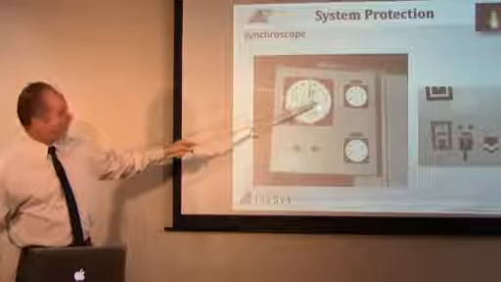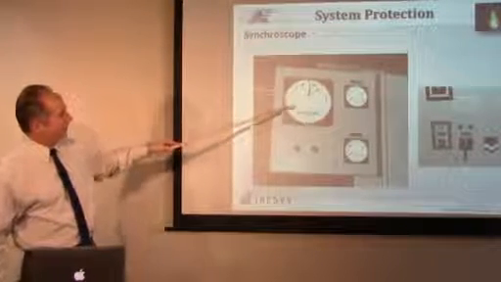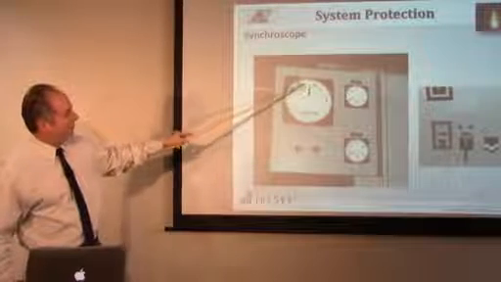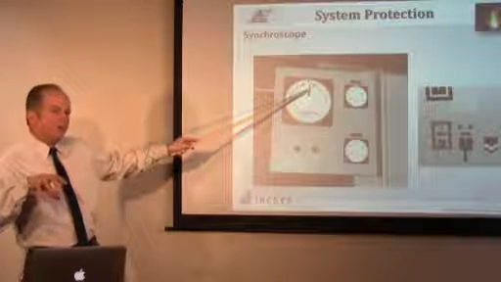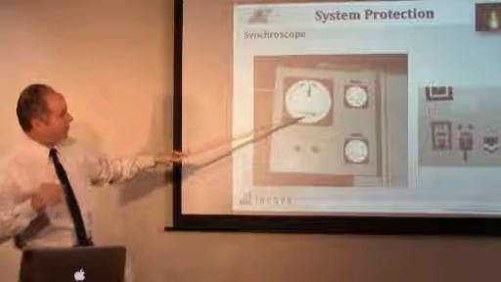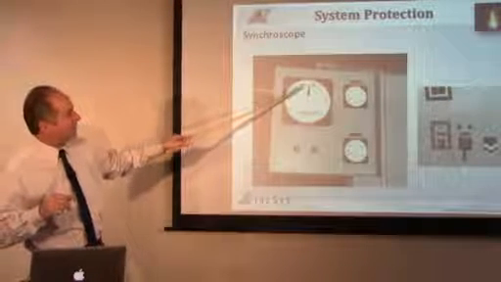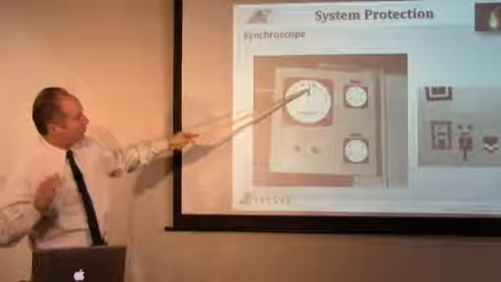If the generator is running a little too fast, the needle is going to be going like this. If it's running too slow, then the needle is going to be going this way. So you're going to increase the amount of steam to the turbine, for example, to increase the speed of the generator so that it's coming up slowly, and then when you get right up to the point there, you close the breaker and it locks in.